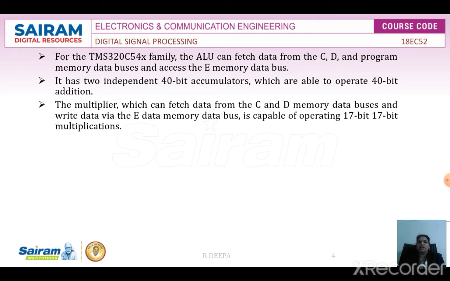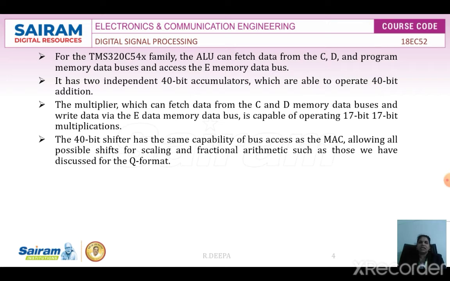operation. And also whenever you are doing a multiplication, you can make use of this MAC, that is multiplier and accumulator, which can fetch the data from the C data memory and the D data memory, and it can write data via the E data bus, and it is capable of operating 17-bit by 17-bit multiplication.